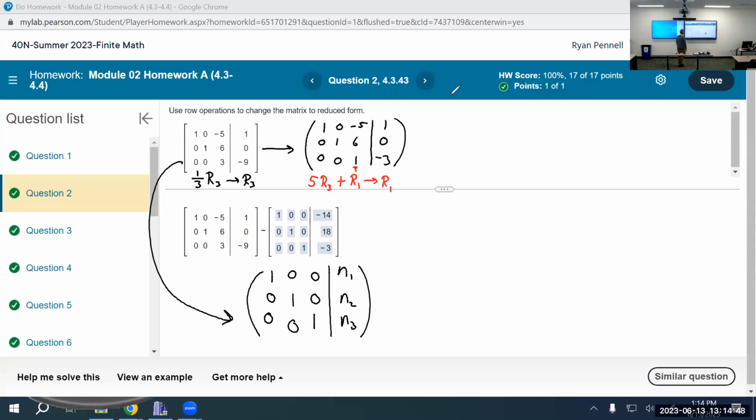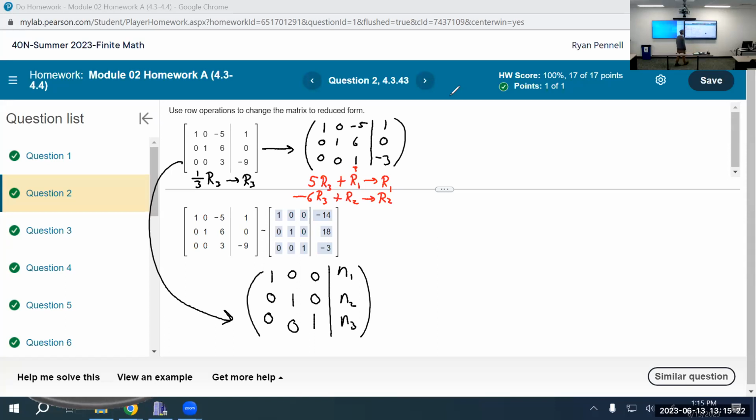That would do it, right? 5 times 1 is 5, plus -5 is 0. That would do exactly what I needed. Everything on the augmented side will just be a consequence. All right, how am I going to get that 6 to turn into a 0? Using that 1 there, I'm going to go -6 row 3 plus row 2 becomes row 2.